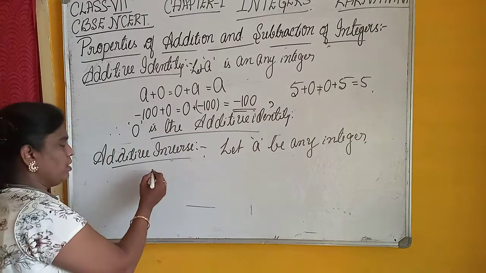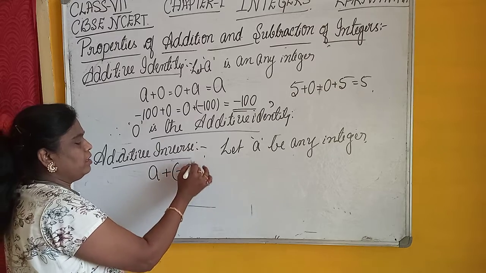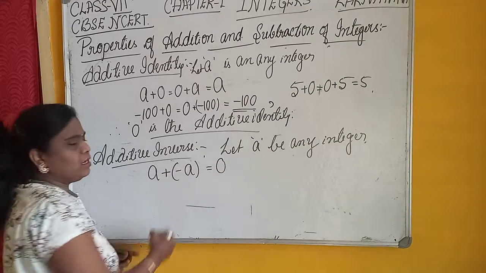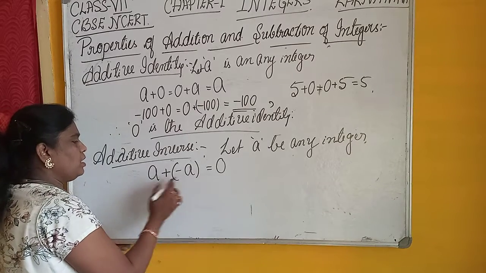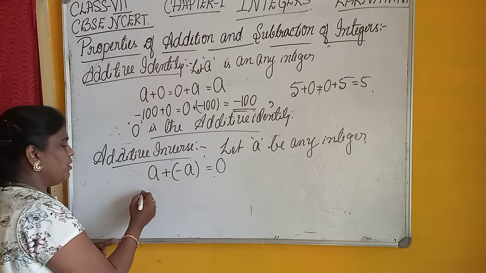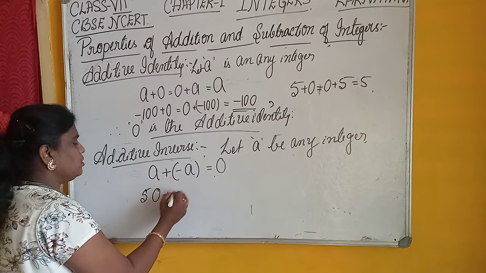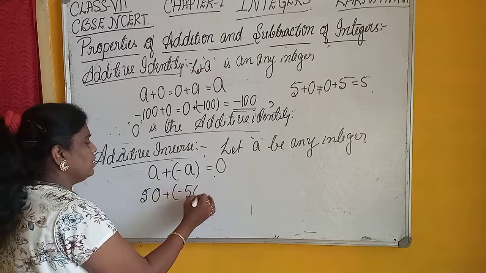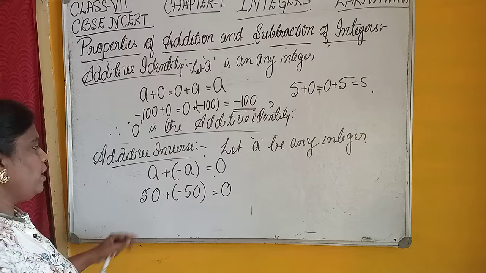For A, if you add minus A, the answer will be 0. Therefore, A plus of minus A is equal to 0 for any integer. For example, 50 plus of minus 50 is equal to 0.